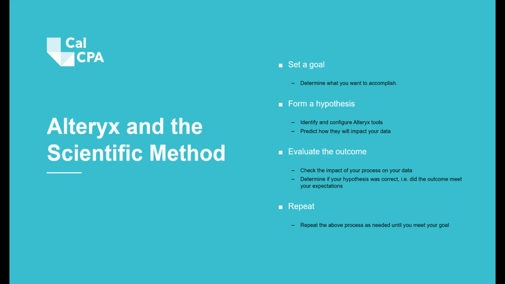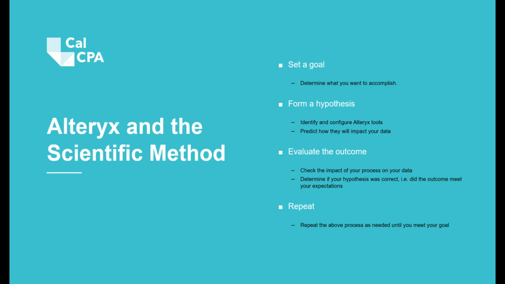Let's sum this up by reviewing it in the context of the scientific method. First, you need to determine what you're trying to accomplish with your data. What's your goal? Based on that goal, you identify and configure Alteryx tools to transform your data in a way that meets your objectives.